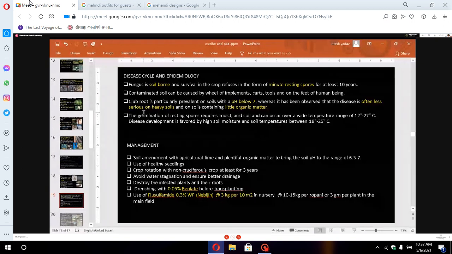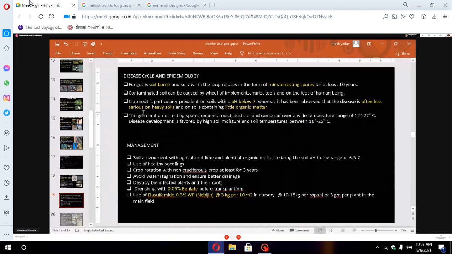So this fungus, it is not a true fungus, it is typically known as myxomycete. तपाईँले पढिसक्नु भएको छ. It produces a very resistant minute resting sporangia or summer sporangia that can persist in the soil for at least 10 years in mid-hill conditions. So this is very persistent in the soil.